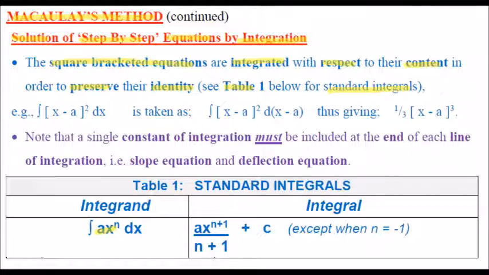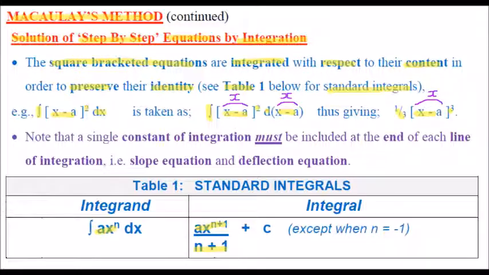So for example, if we're integrating [x minus a] in the square brackets raised to the power 2 with respect to x, we're actually considering that as the integral of [x minus a] to the power of 2, with respect to [x minus a]. So our solution would be [x minus a] to the power of 3, divided by 3. And that's the pattern we're following here, ax to the n plus 1 over n plus 1.